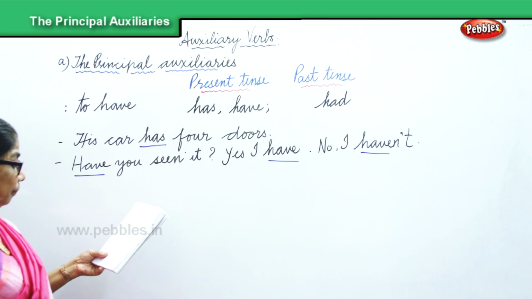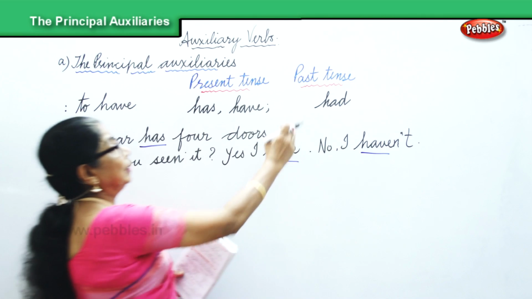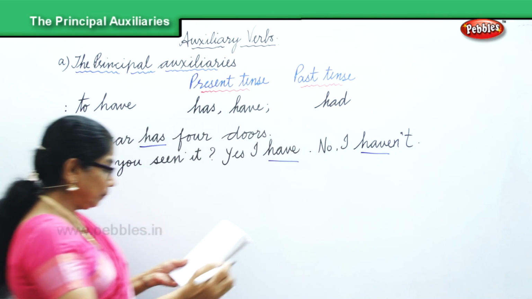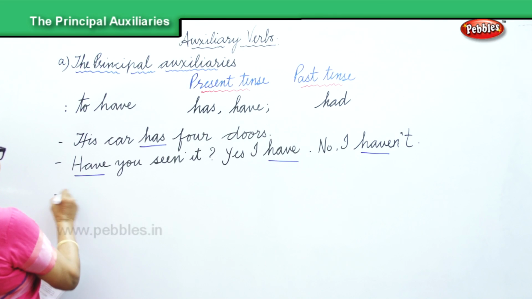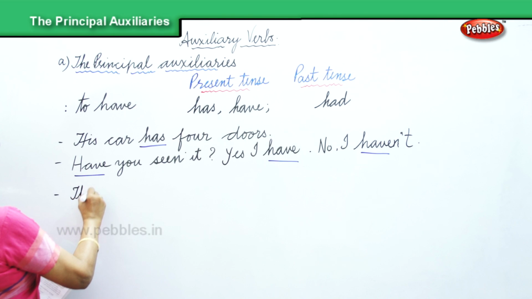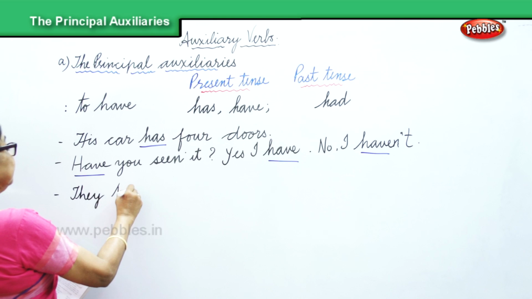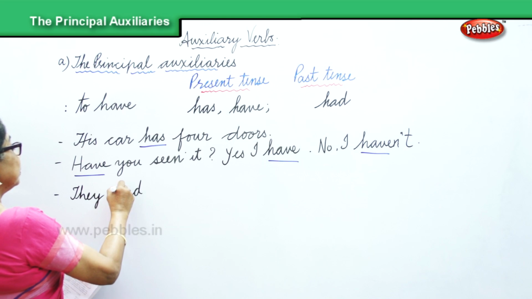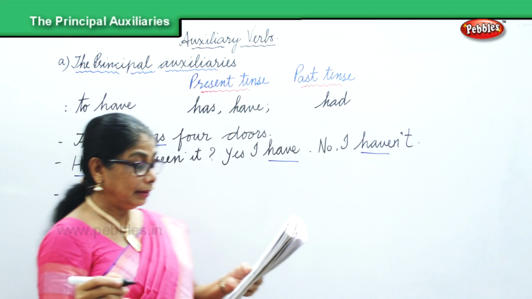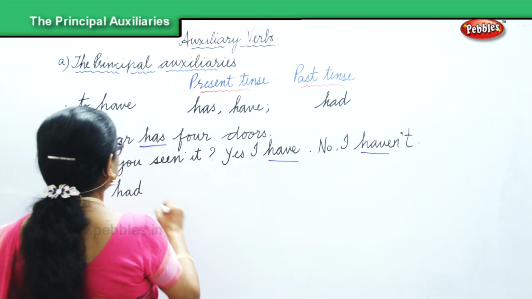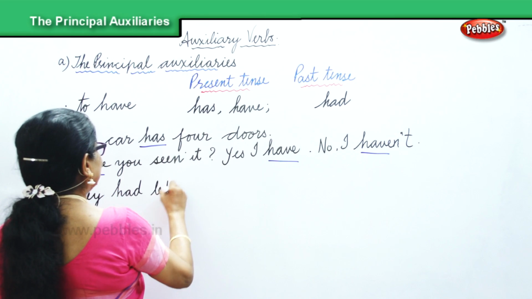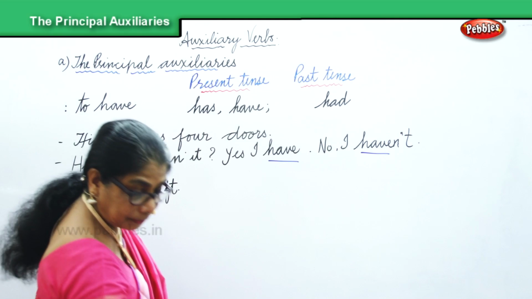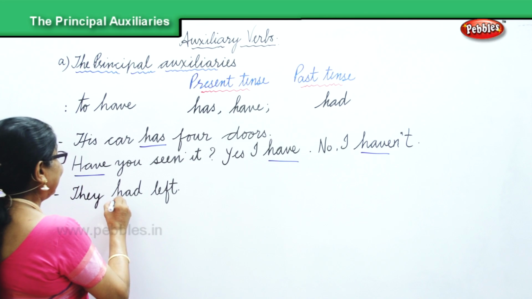Now the past tense, we have had. They had. They had left. So, had.